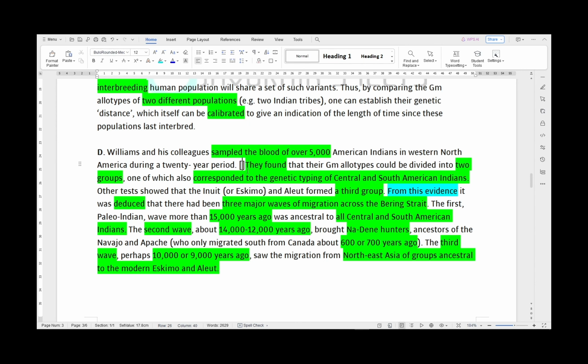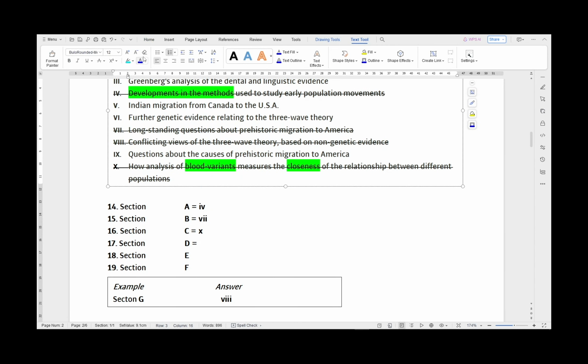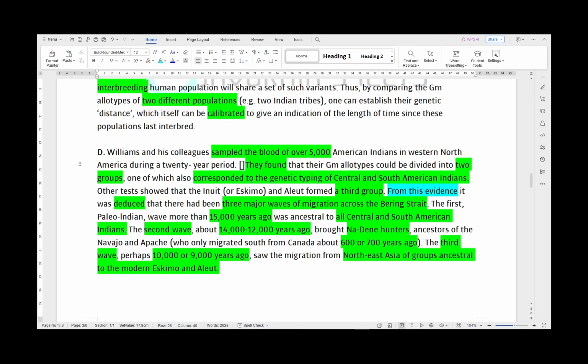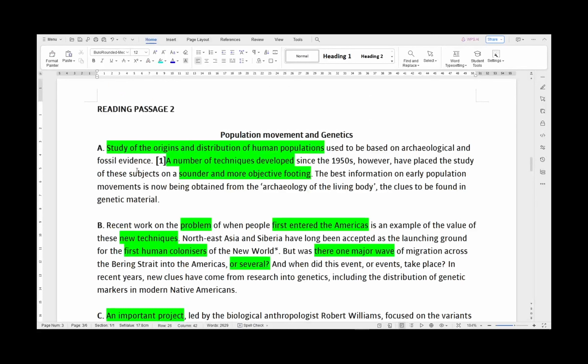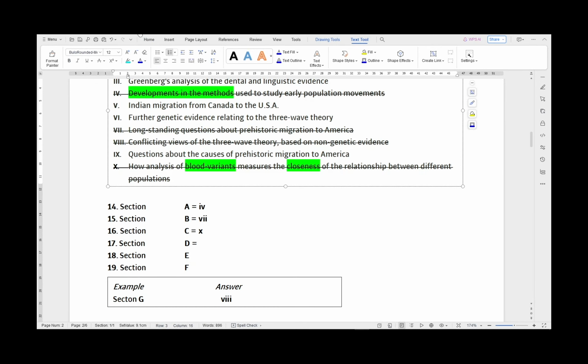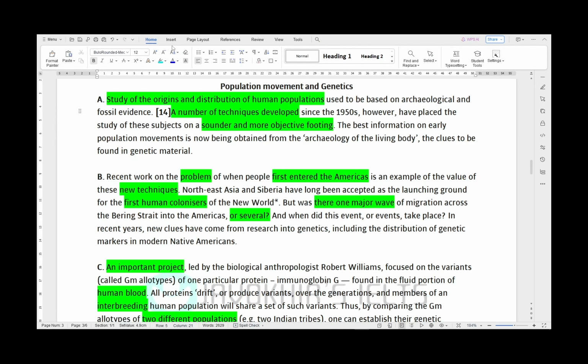This is where we find the answer for number 17, right? So we're going to take that 17. There we go, and we're going to also put, not 17 here, but 14. And we also found B. It starts from here. It was number 15, I guess.